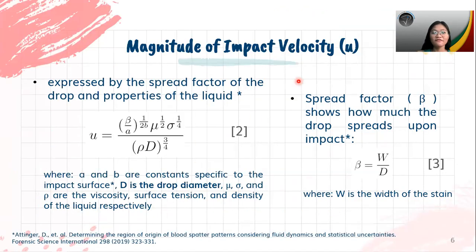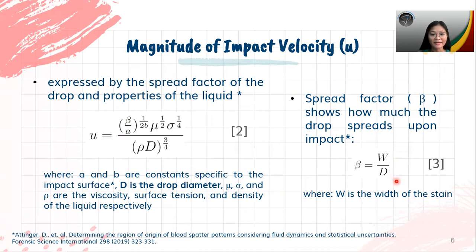Now, the magnitude of impact velocity U can be expressed by the spread factor of the drop and the properties of the liquid, such as density, viscosity, and surface tension, as shown here in equation 2. The spread factor beta shows how much the drop spreads upon impact, and it's given by the ratio of the width of the stain and the drop diameter.